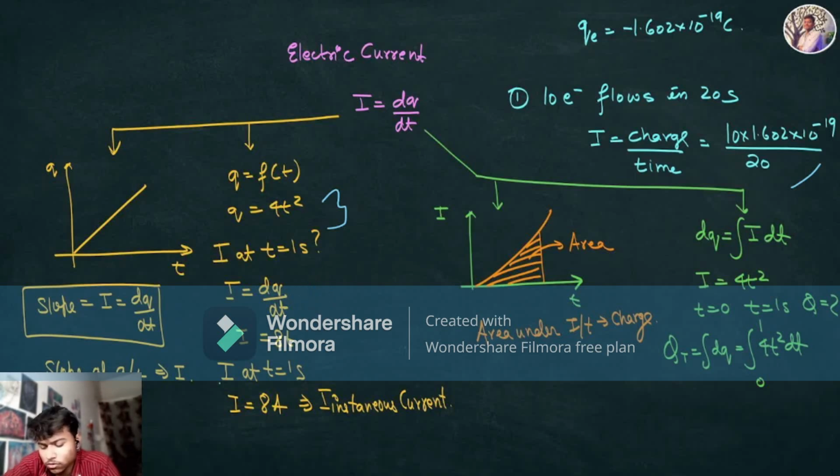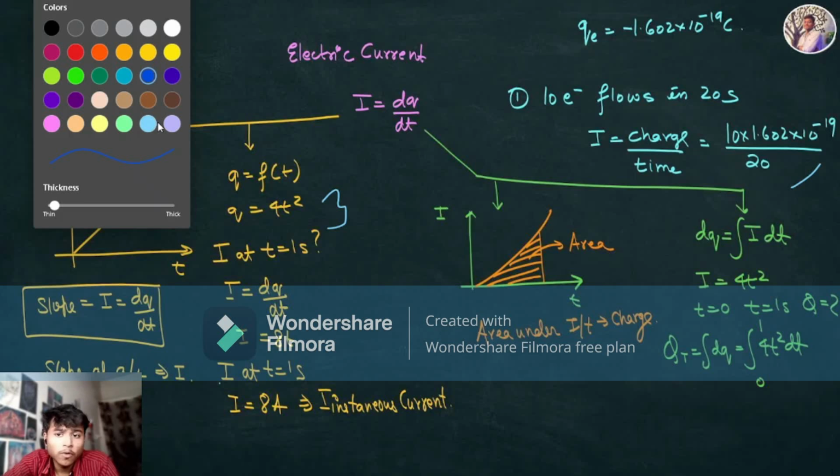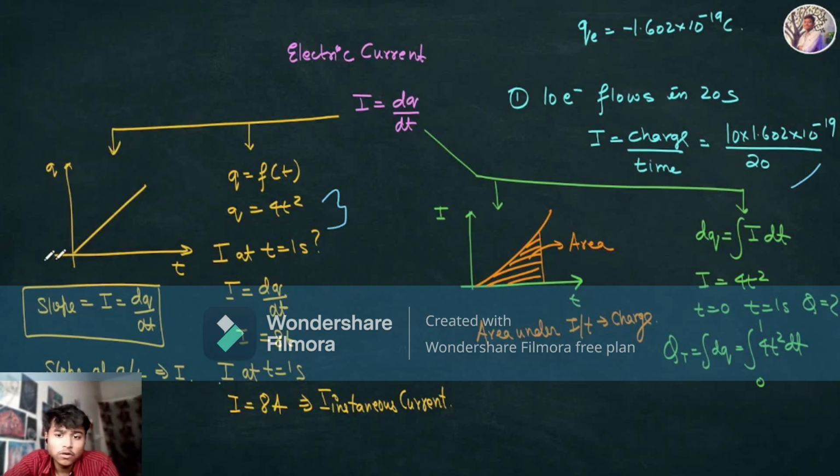We have to find I at 1 second. We just take the slope from the graph: differentiate 4t square with respect to t, which gives 8t. Put t equal to 1, and we get the current as 8 ampere. Now, how to get the charge?